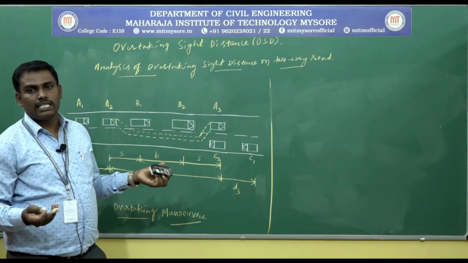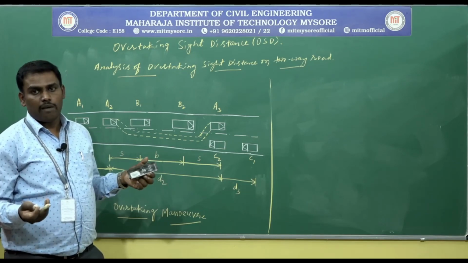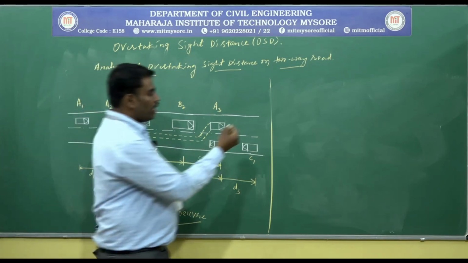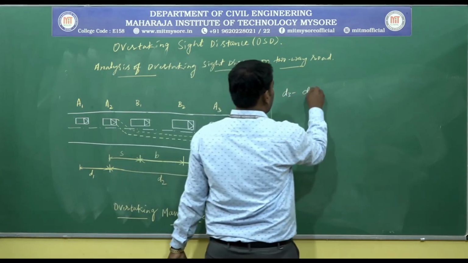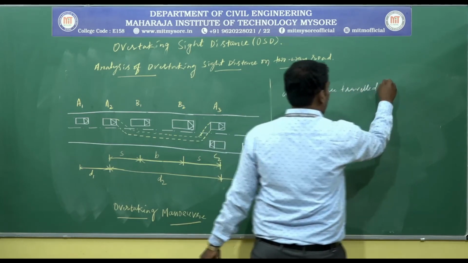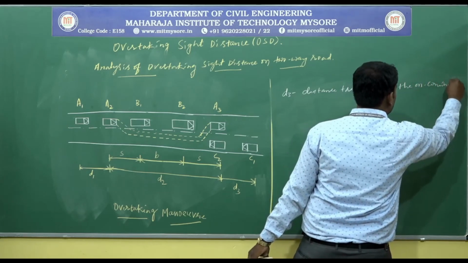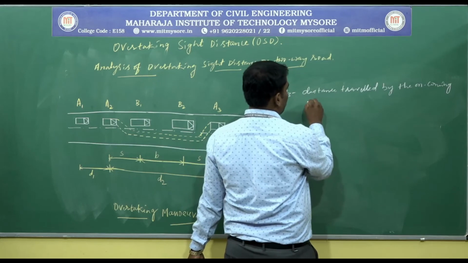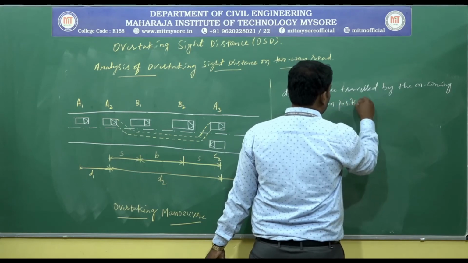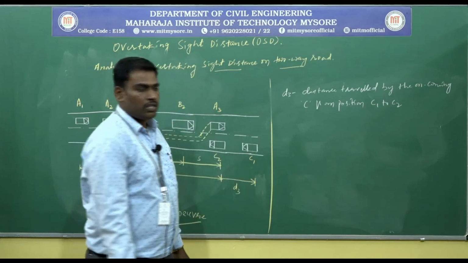Then we know that distance is the product of speed and time. The speed is V and the time is the actual overtaking time, capital T. V into T will give d3. d3 is the distance travelled by the oncoming vehicle, that is the vehicle coming from the opposite direction, oncoming vehicle C from position C1 to C2.